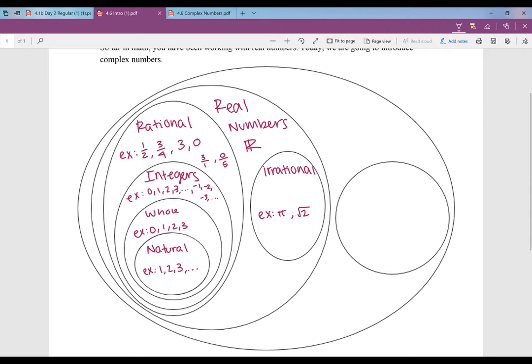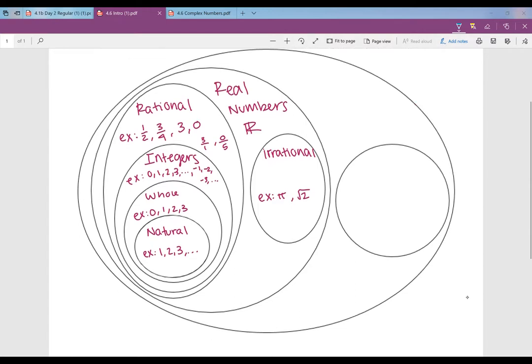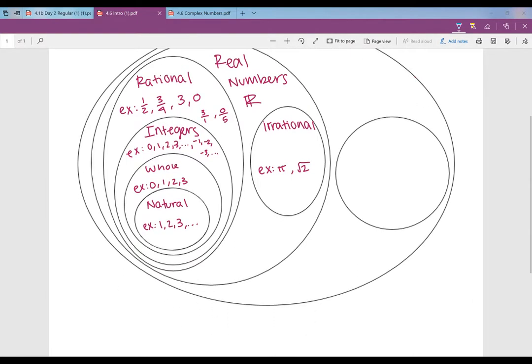Now, for a while, these were all the numbers that we had. Okay, and mathematicians were doing their math, and they were proving theorems and finding new theories and all this stuff. And what kept happening was they kept running into problems because they needed to take the square roots of negative numbers.